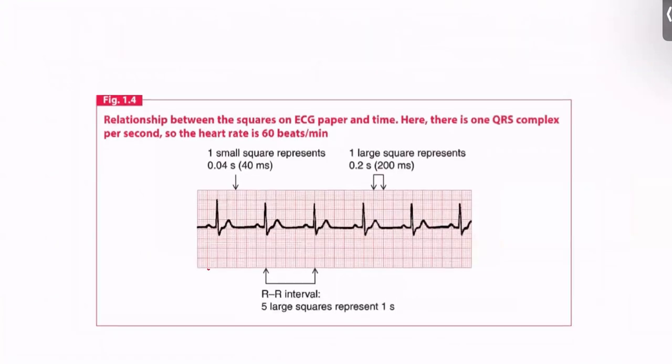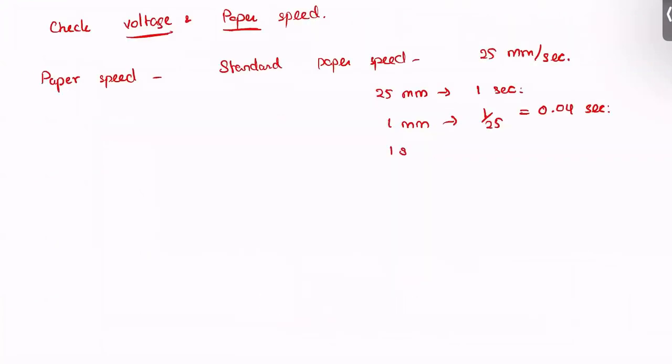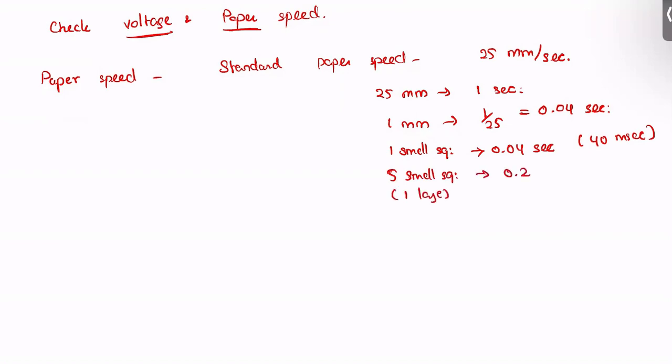So 1 millimeter is one small square. One small square is 0.04 second, and that is also 40 millisecond. And 5 small squares make one large square. One large square is 0.04 into 5, which is 0.2 second, or 200 millisecond.